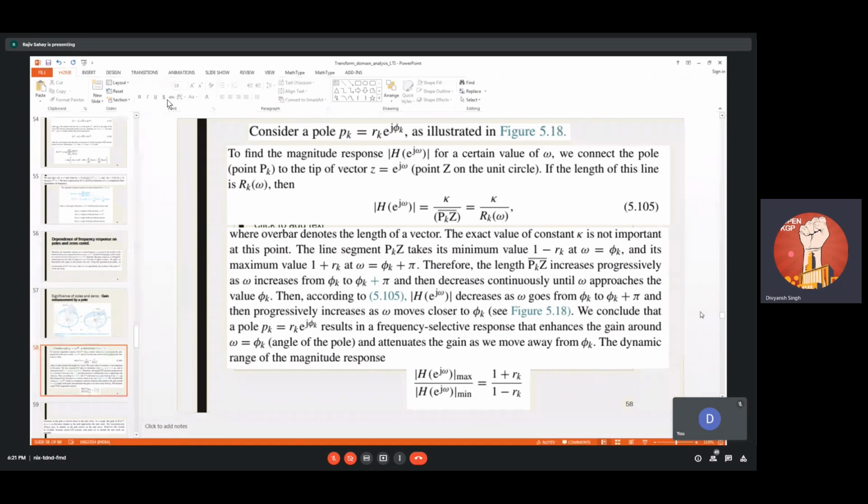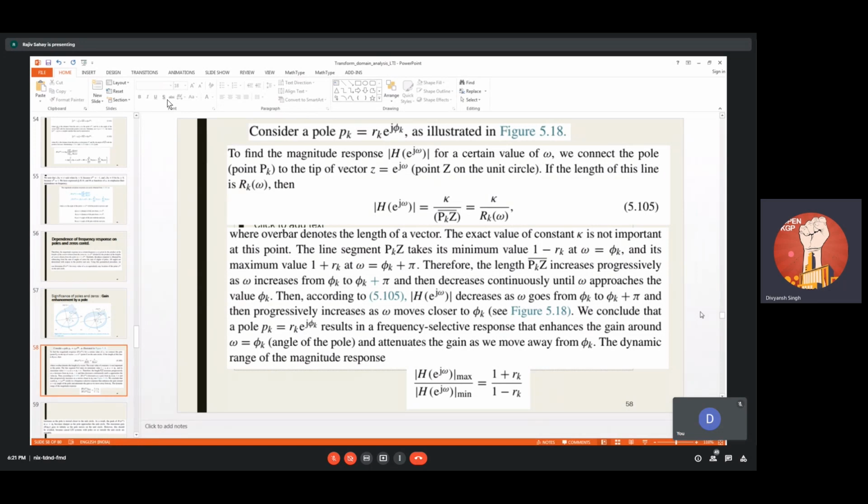As you keep changing omega on the x-axis, you have mod of H(e^jω) on the y-axis. As you plot that magnitude response, as omega comes close to 5k, the mod of H(e^jω) will start to shoot up. It will start to increase in value.